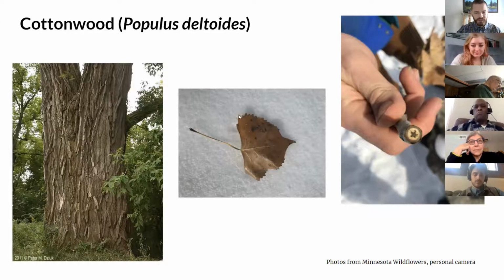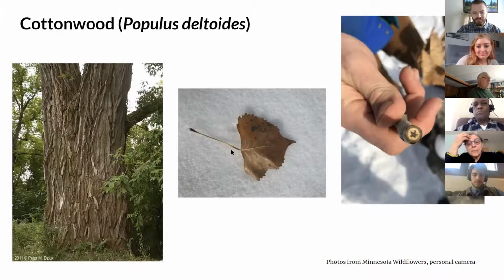The leaves of cottonwood are really special too. I know it's not part of Winter Tree ID, but I think it's one of the coolest features about this plant. The stem of the leaf, we call it a petiole, P-E-T-I-O-L-E, and they're special on cottonwood trees.